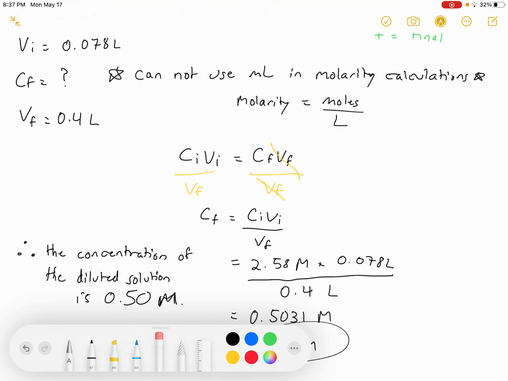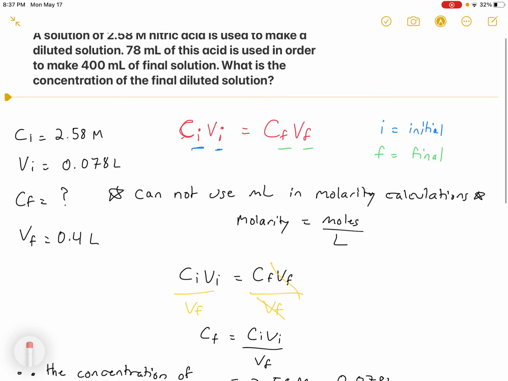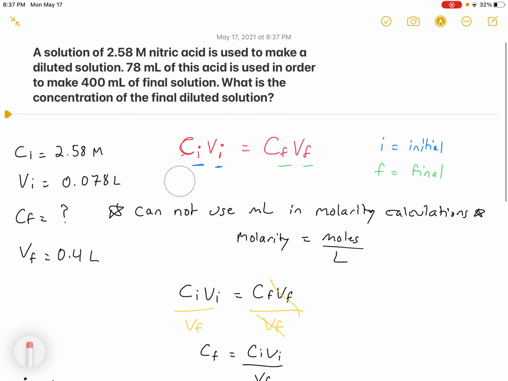So just to recap what we did, we identified our relevant equation up here, CIVI equals CFVF. If you see the words diluted or initial and final concentration, you should think to use that formula. We extracted all of the relevant information from the problem in a data list, making sure to convert the volumes into units of liters because we cannot use milliliters in molarity calculations.